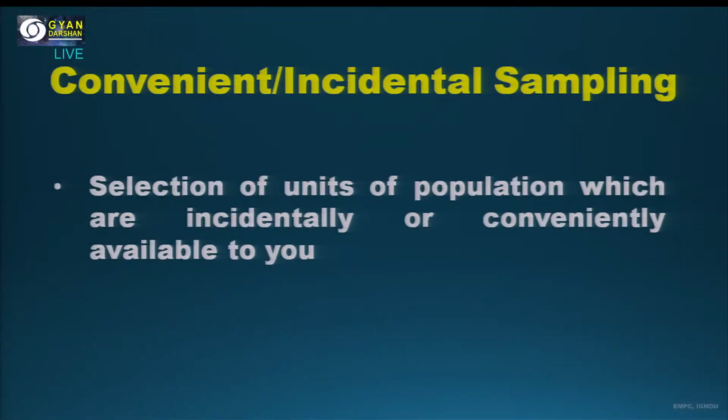As you are seeing on this slide, in convenient sampling, we select units of the population which are incidentally or conveniently available to you. Say, for example, somebody is coming to IGNOU, to any of the departments, for attending a workshop, and you are working on a research project based on the samples who are attending that particular workshop.